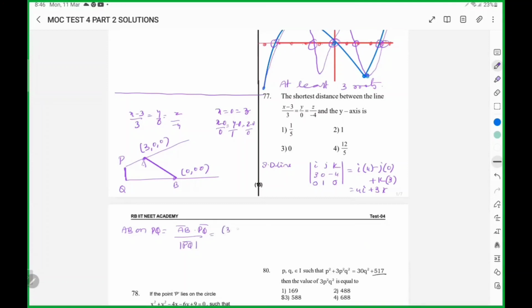So 3, 0, 0 minus 0, 4, 3 by 4I 3J by mod PQ. Mod PQ will be root of 16 plus 9, so the answer is 12 by 5.